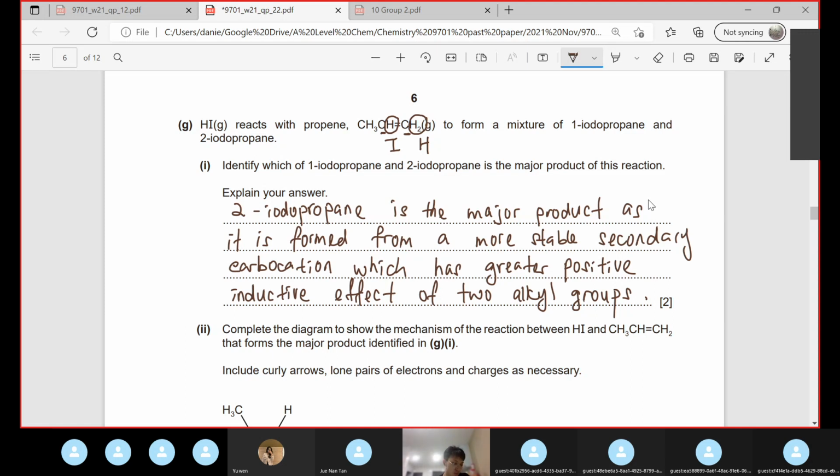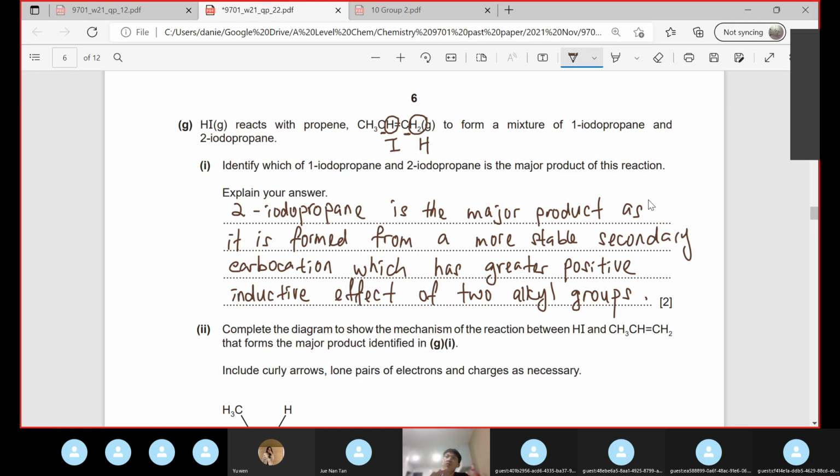So please make sure you know how to explain when it comes to the Markovnikov rule, or anything that involves the carbocation. Remember SN1 and SN2, nucleophilic substitution for the halogenoalkane. They can also ask this type of question on nucleophilic substitution.